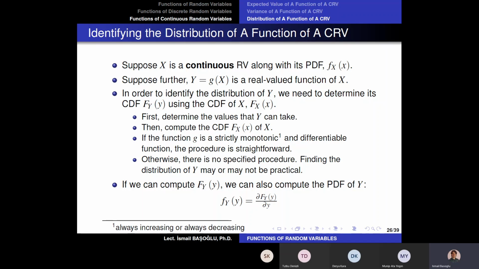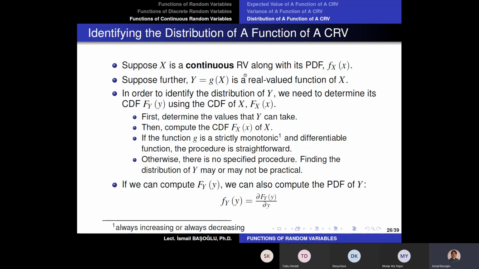So the response is going to have a different distribution than the input. And therefore, I am going to use a methodology where we determine the probability density function of the function of a continuous random variable.